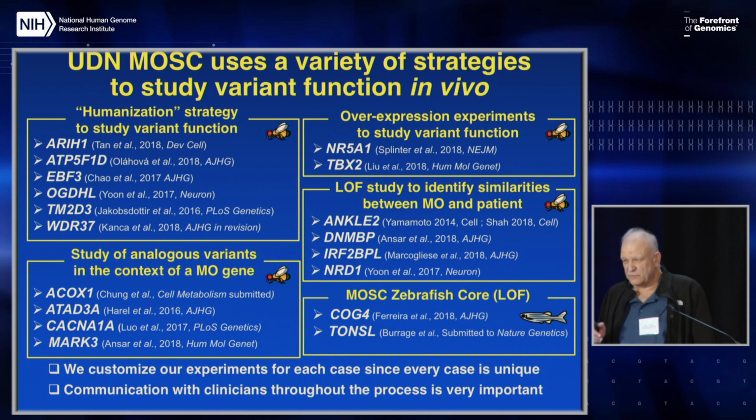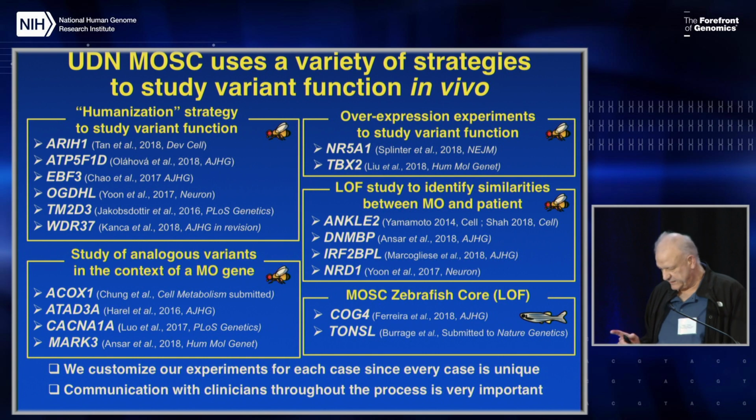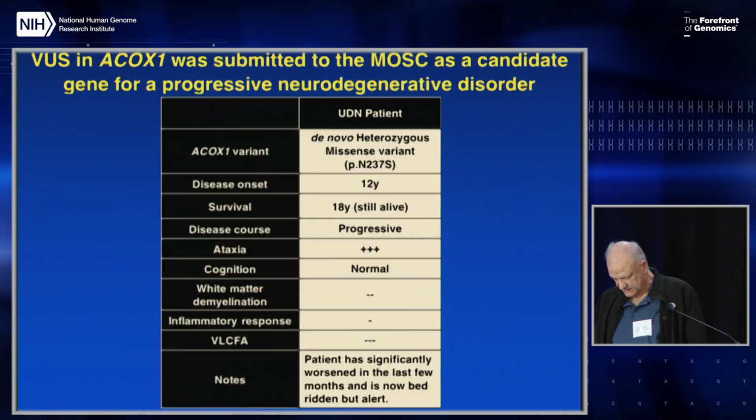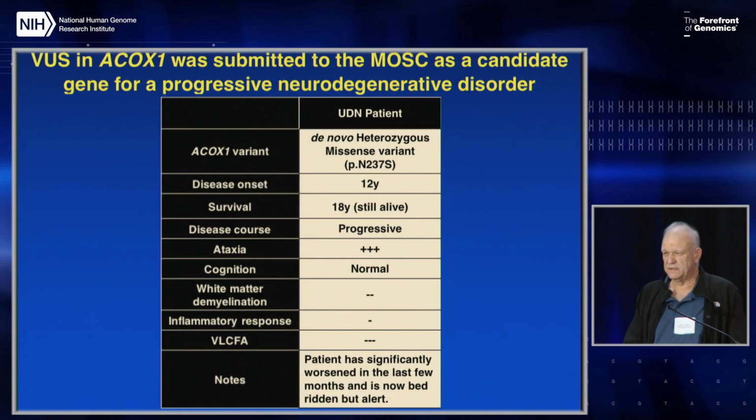Now, I'll just focus on two cases very briefly. One is ACOX1 and is shown here, and the other is ANKLE2, to give you an idea about what it is that we can do.